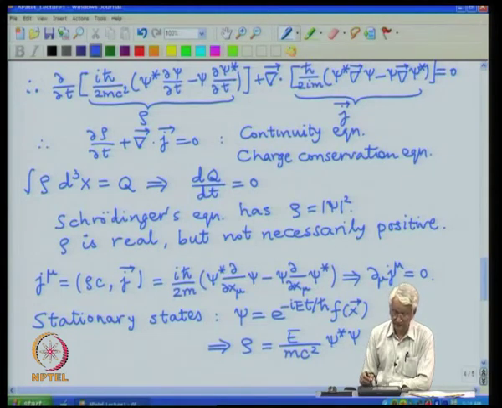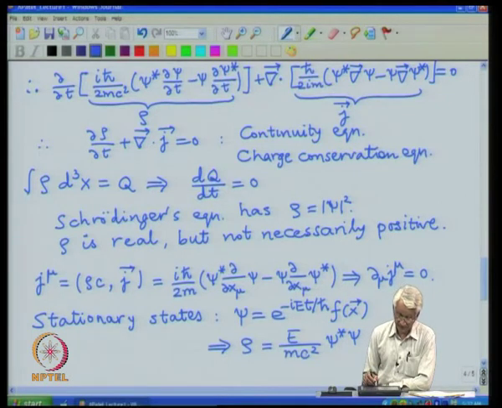We do obtain mod psi square, but there is an overall factor which is E by mc square. If the velocities are small, then the energy is indeed close to the rest mass energy, which is mc square, and in that case we recover the non-relativistic limit explicitly.